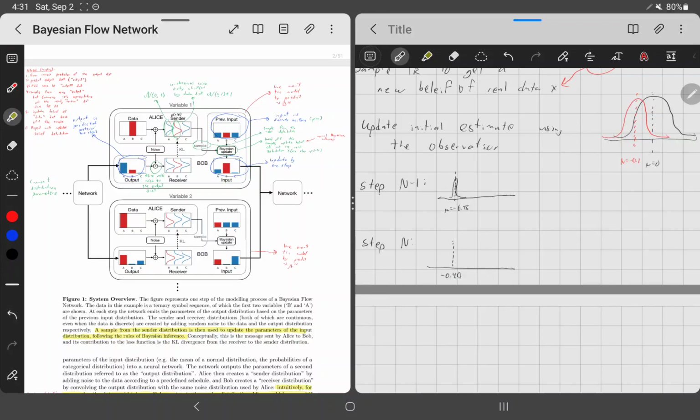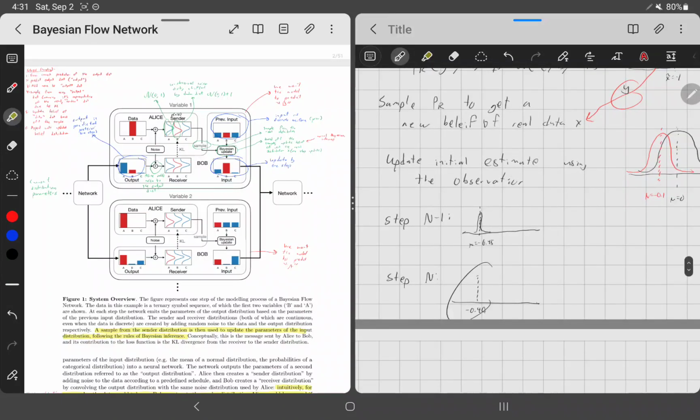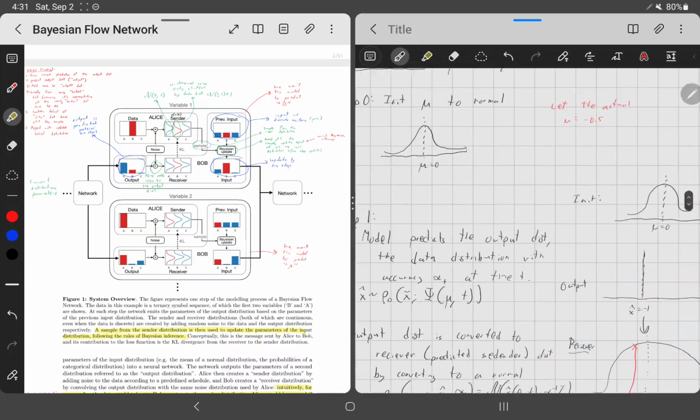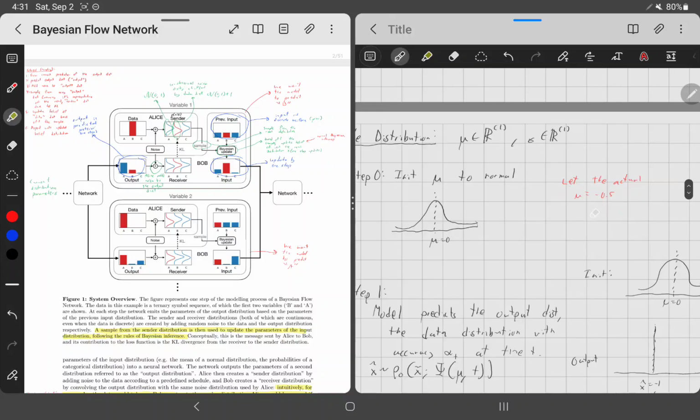And this is your predicted value after n steps. And this has, like I keep saying, zero variance. So this is your value that you take as your estimate for mu.